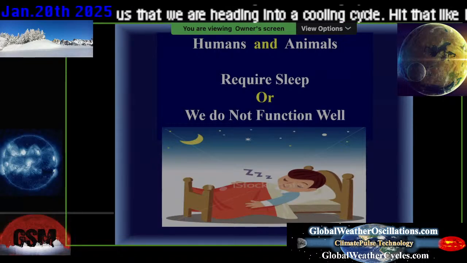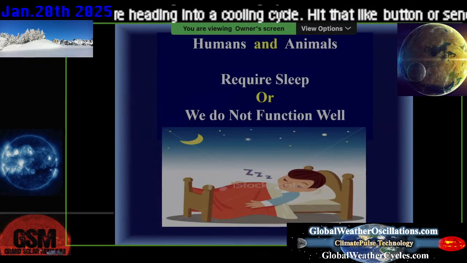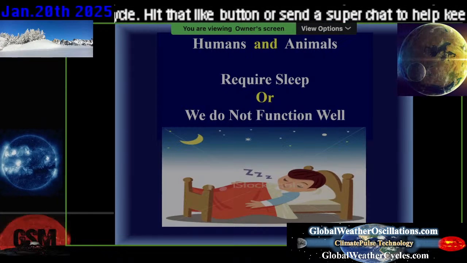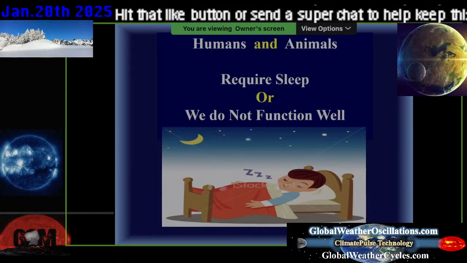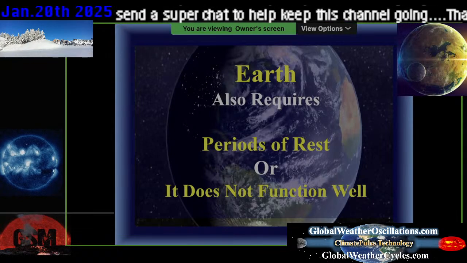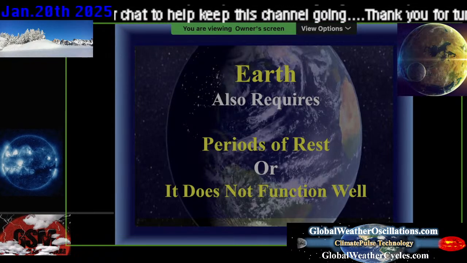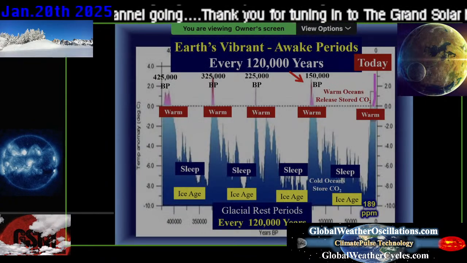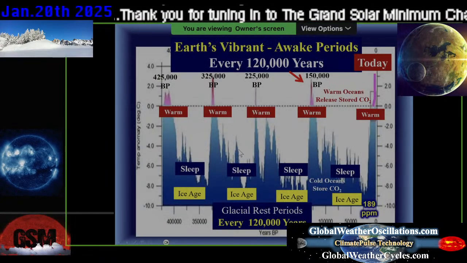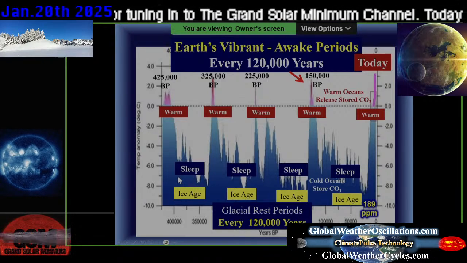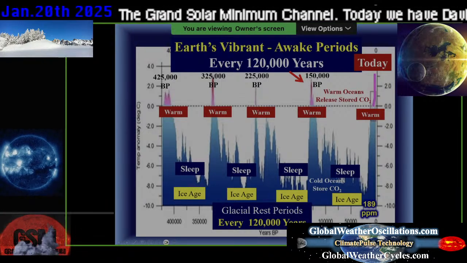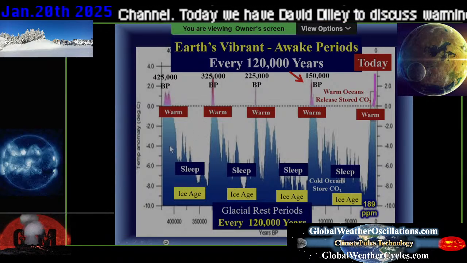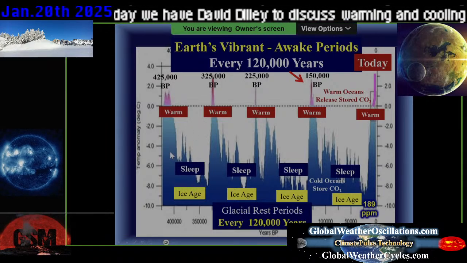Now, we as humans require sleep, a good night's sleep, or else we do not function very well. Earth is the same way. It needs long periods of rest, or it does not function well. And this is what happens on our glacial periods and global interglacial warm periods that I showed on the graphic on our path around the sun.